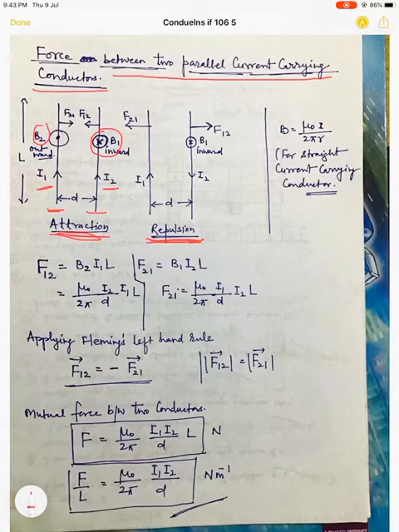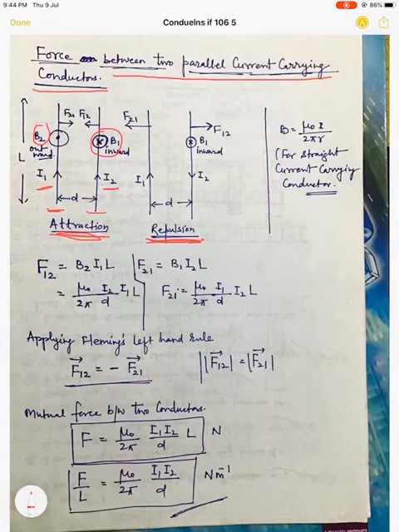So if we take B1 here at this point, the direction of the magnetic field is inward, and that can be decided by the right hand thumb rule. If we take the direction of current with the thumb, then the curling of the fingers gives the direction of magnetic field lines.